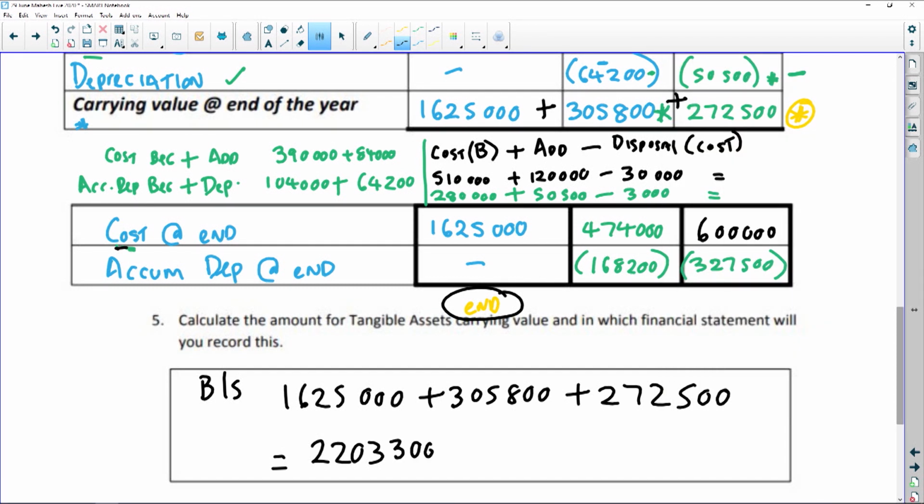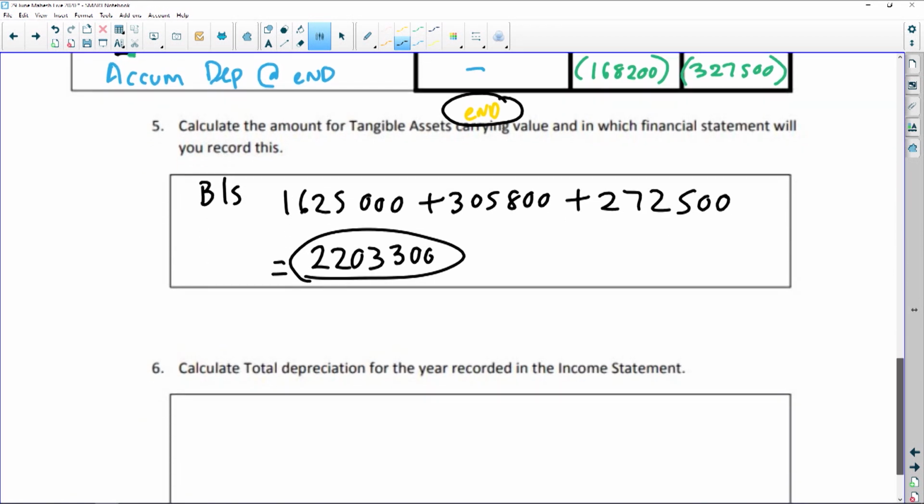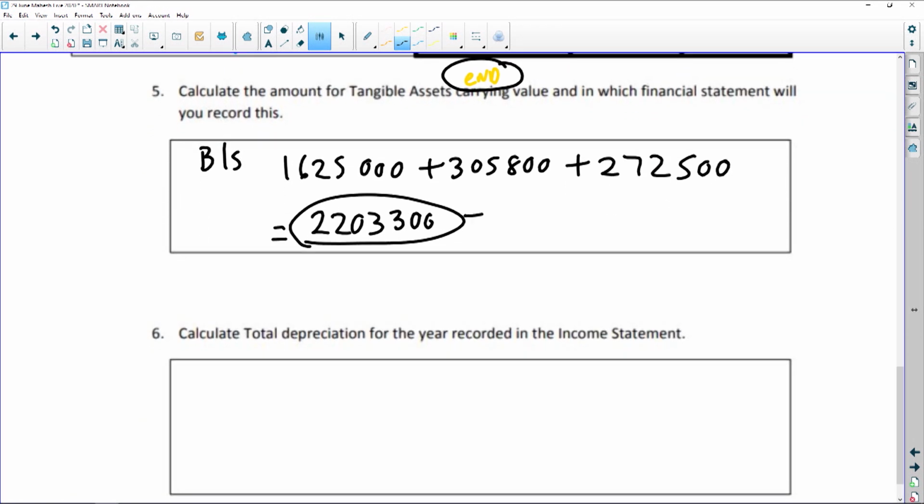Okay, so 2,203,300. So this figure will be shown in the balance sheet. Remember, in the balance sheet, obviously under your heading called tangible assets. And remember, this is shown as carrying value.